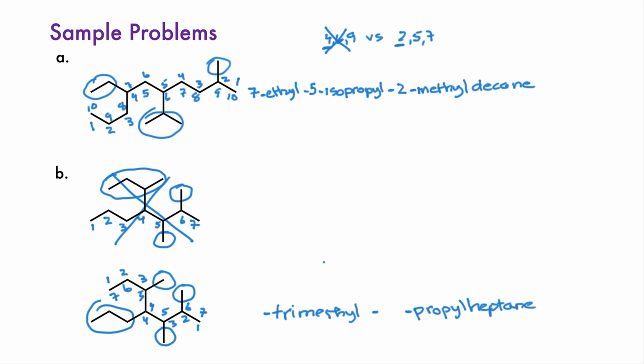Numbering from left to right gives 3, 4, 5, 6. And numbering in the other direction gives 2, 3, 4, 5. 2 beats 3 at the very first number, so 2, 3, 4, 5 wins. This is 2, 3, 5 trimethyl, 4 propyl heptane.